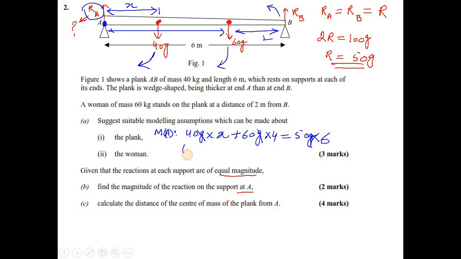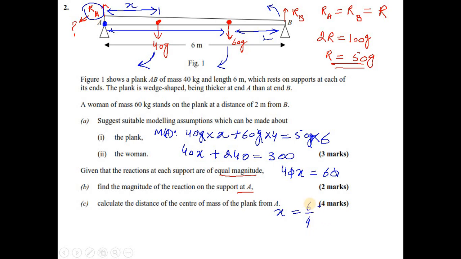So 40x plus 240 is equal to 300. And then 40x is equal to 300 minus 240, which is 60, and 0 gone. So x is equal to 6 upon 4.